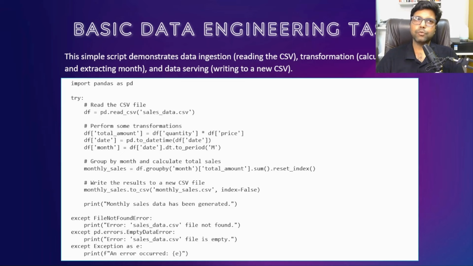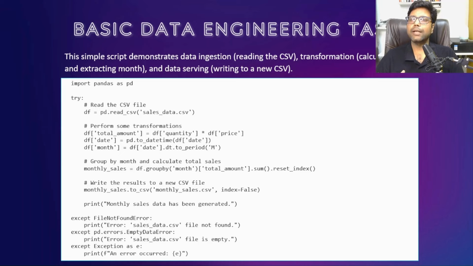But coming to data engineering, you might have seen here that we are implementing it under try and except. So why are we doing this? There are certain things that we need to take care of. As a data engineer, we should be working as a software engineer plus data engineer, right? So we need to write code in such a way that it is able to handle any issues with the code.